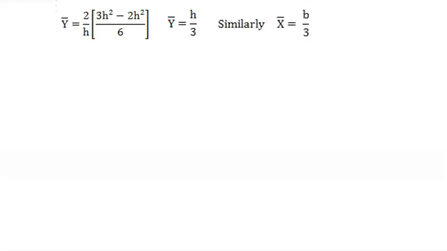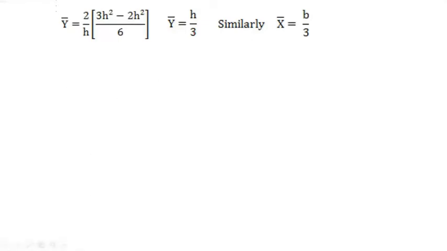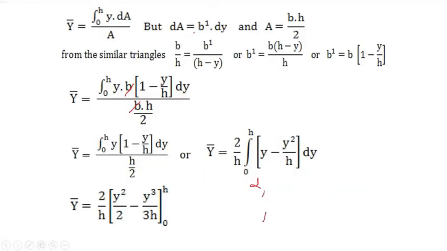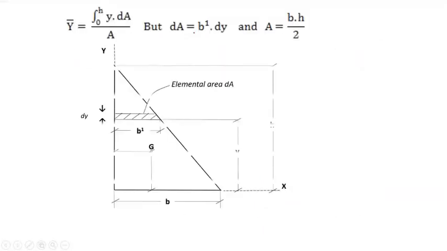Similarly, x bar can be obtained as b by 3. For finding x bar, you need to consider an elemental area. In the vertical direction, you have to consider the elemental area like this, as I already told you in the last class, and the distance from here to here has to be considered as the x value.